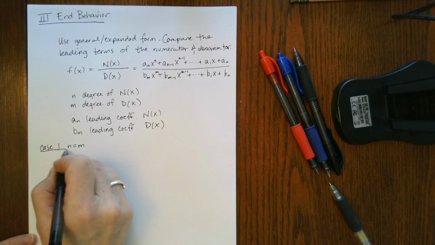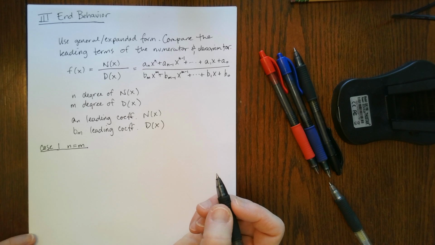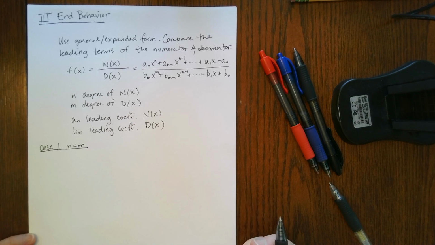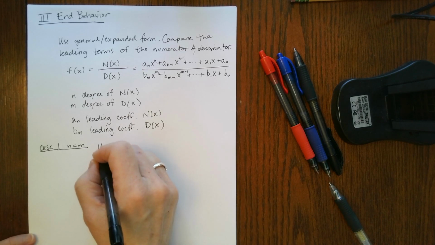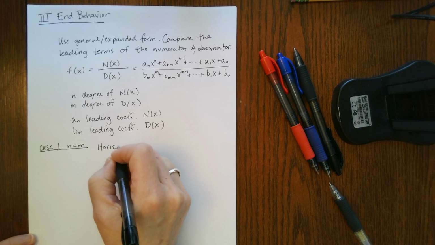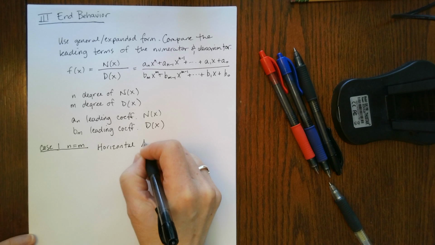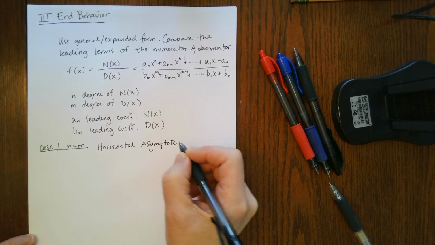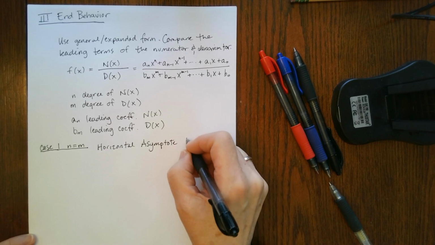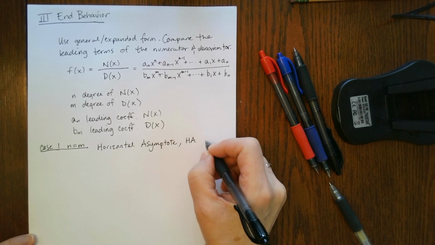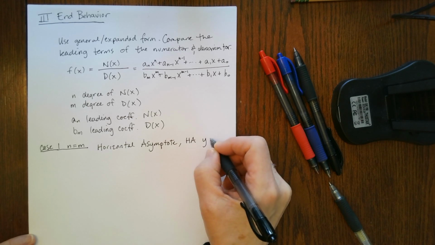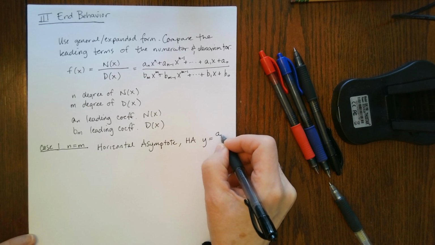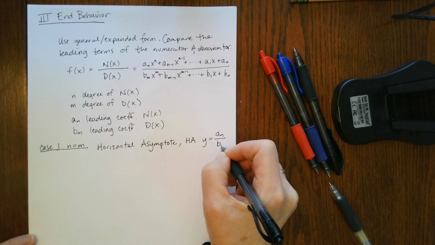When this occurs, we're going to have a horizontal asymptote. And the equation for that horizontal asymptote is going to be y equals a_n divided by b_m.